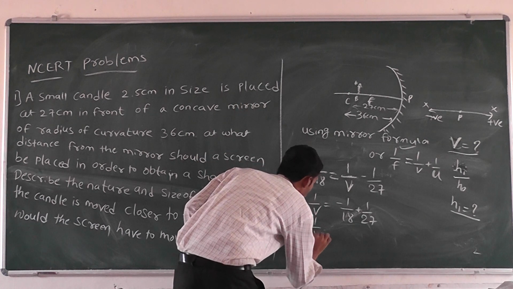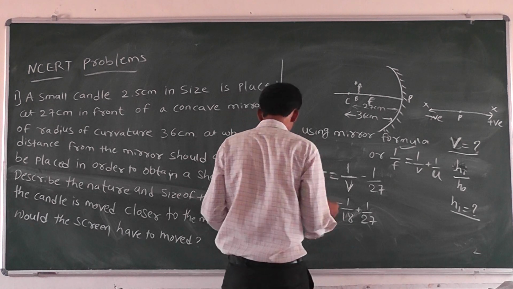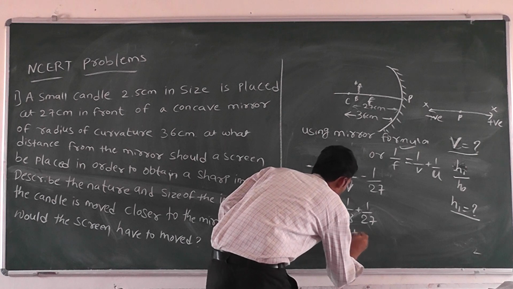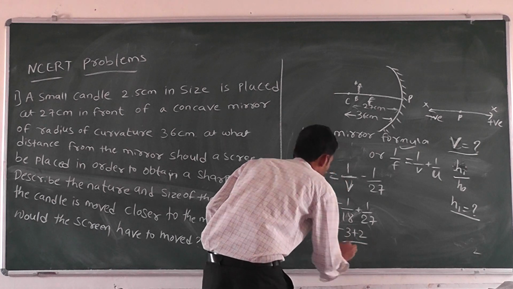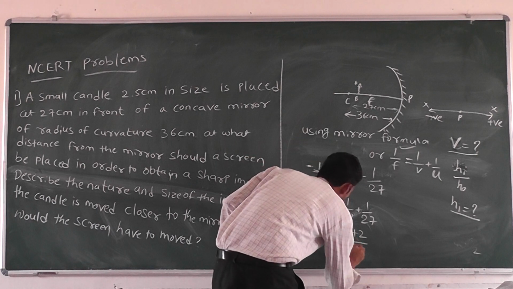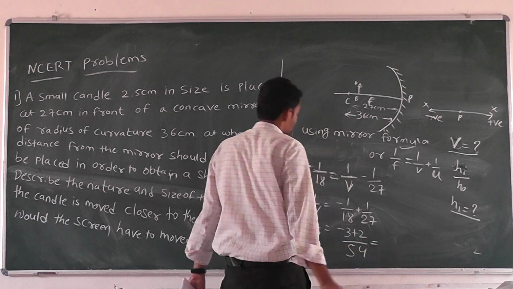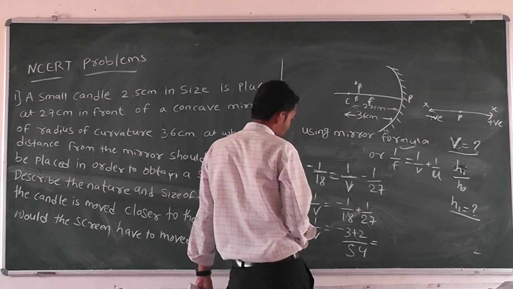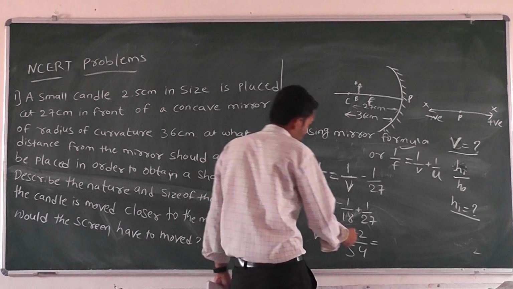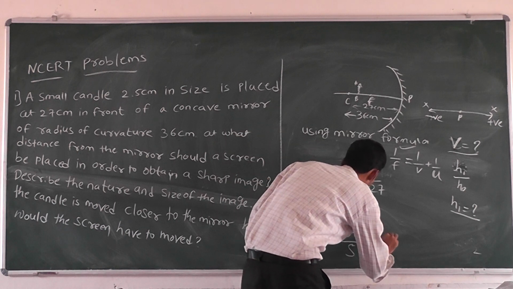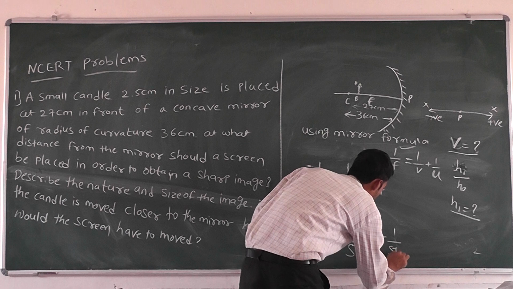So 1 by v is equal to, by taking the LCM of 54, minus 3 plus 2. So what is the value here? Minus 1 by 54.